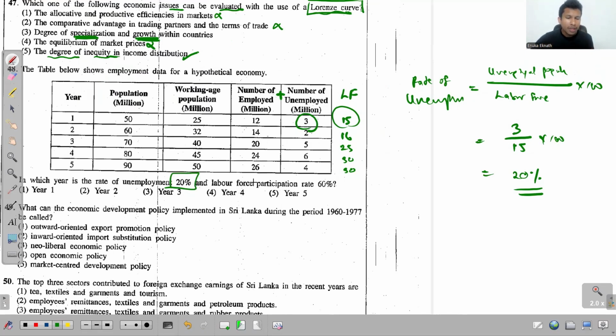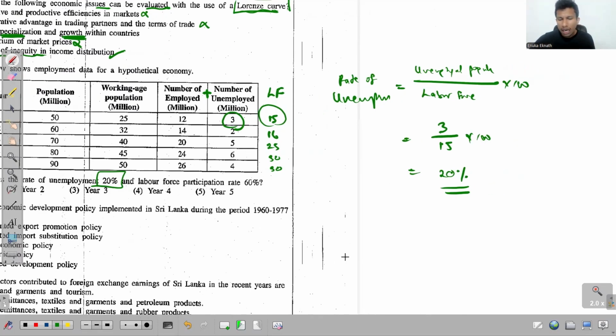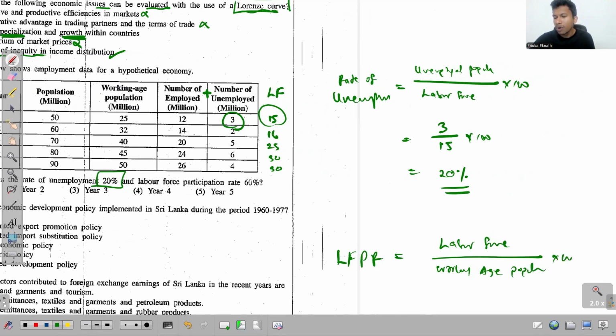Let's see how much the labor force participation rate is in the first year. How do we find this labor force participation rate? That is the labor force in the given country divided by the total working age population into 100.